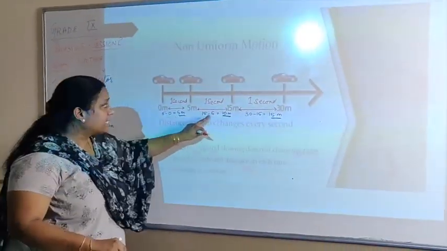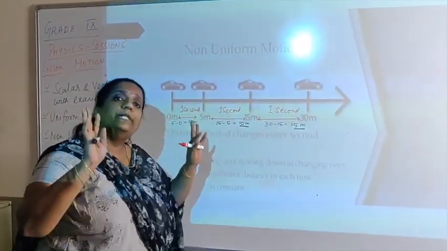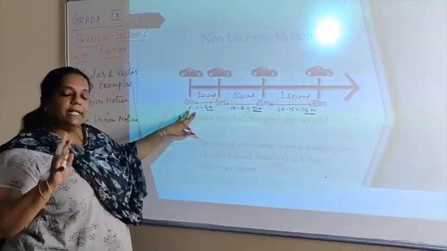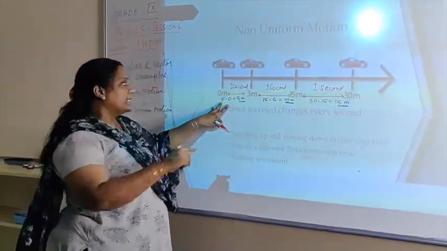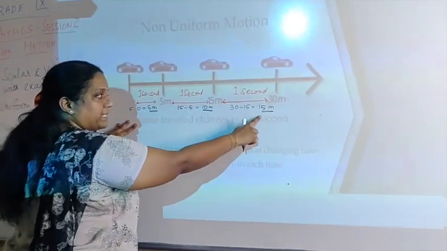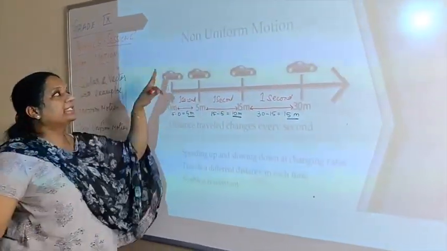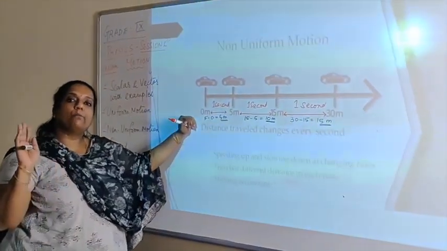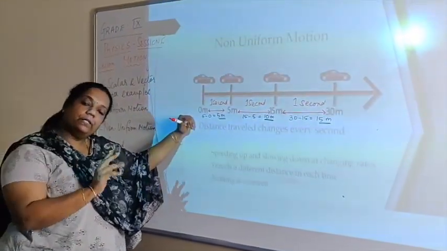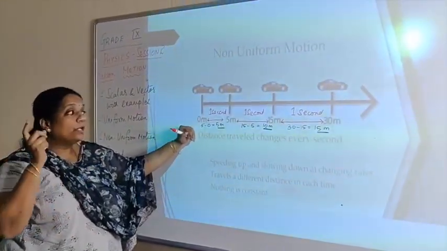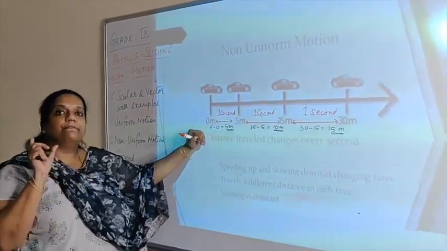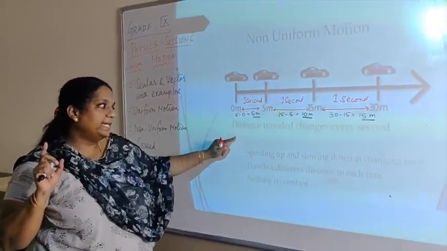The distance that the vehicle actually covered. So when any object covers unequal distances in equal intervals of time, it is said to be in non-uniform motion. So what is it saying here? The time duration stays the same. What changes? The distance covered by the object, right?